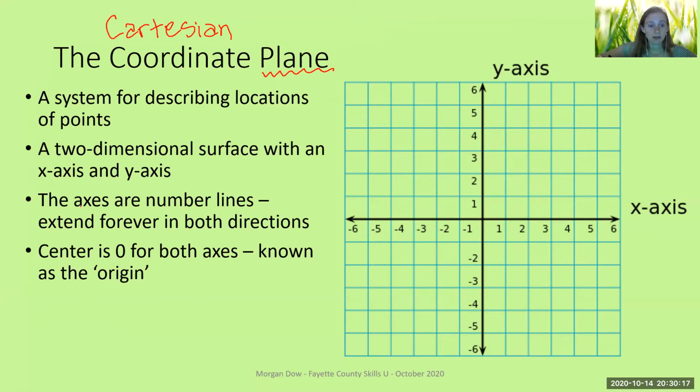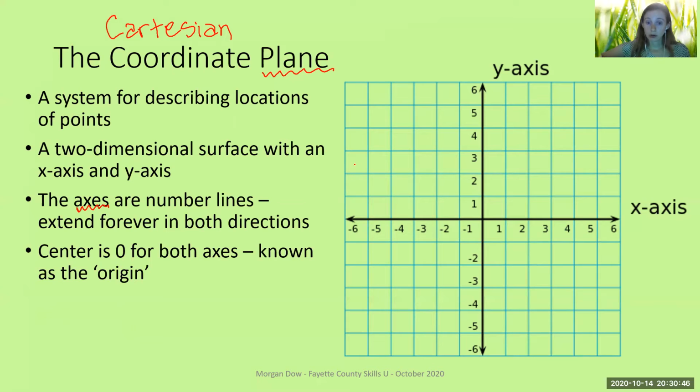The axes, that's the plural of axis, the axes are number lines. And we've worked a lot with number lines over the last couple months. So these are two number lines that cross each other. And since they're lines, they extend forever in both directions. So right now up on the screen, I have a picture of a coordinate plane that goes out to +6 and -6, but you could keep going depending on what you're trying to show.